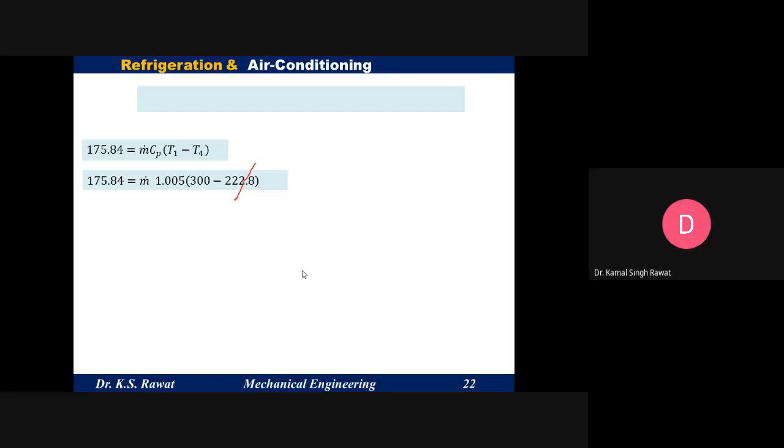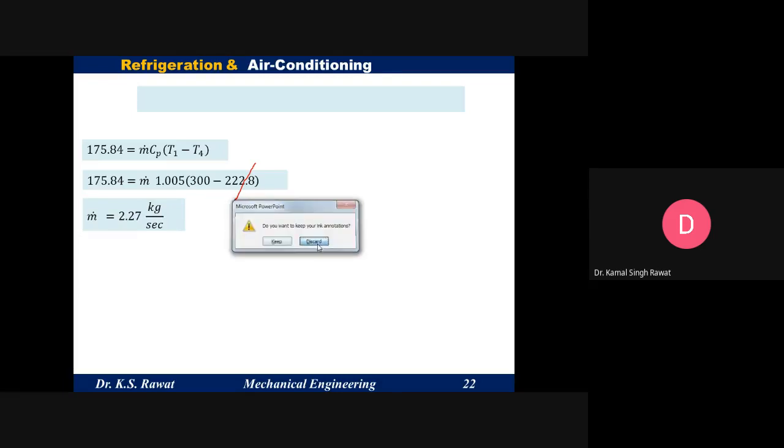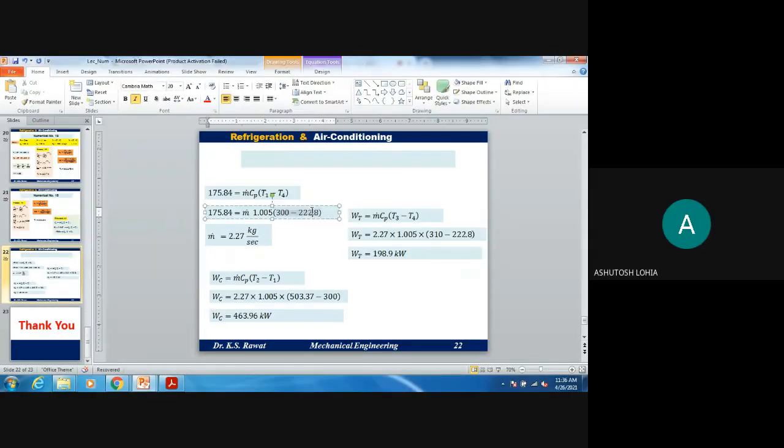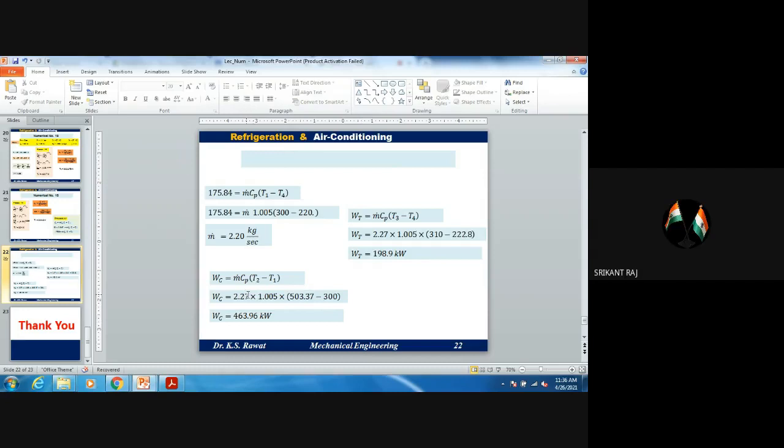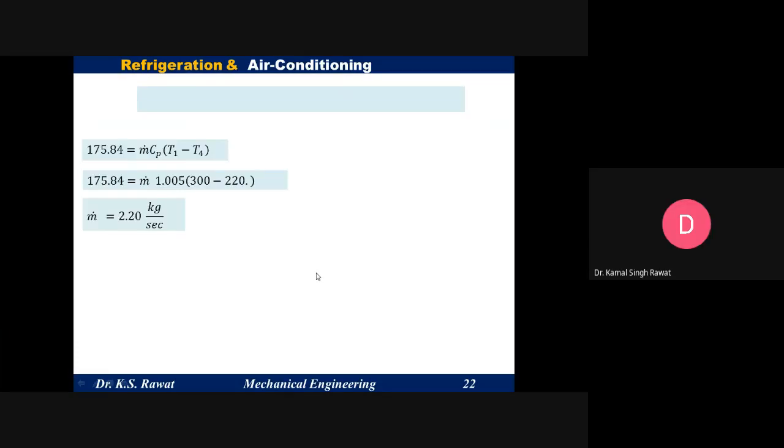I will correct it. So 2.2035, so I will take it as 2.20. Okay, that is correct? Yes, sir. So 2.20 kg per second. Okay, that's the mass flow rate.